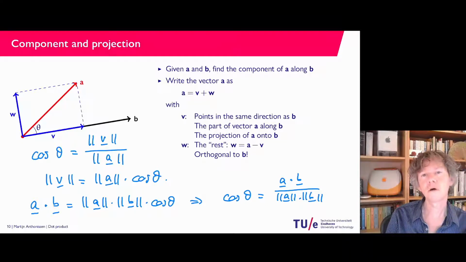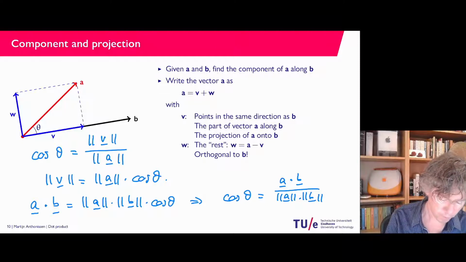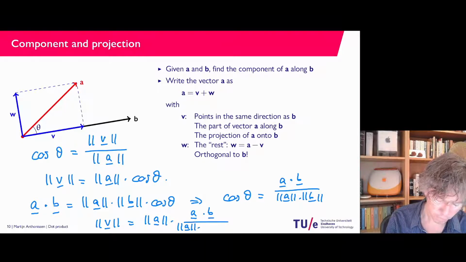And I'm going to plug that into the formula for the length of V. So I now have that the length of V is the length of A times, and then I plug in the expression for the cosine theta, A dot B over length of A times length of B. And you see that I have a length of A in the numerator and in the denominator.